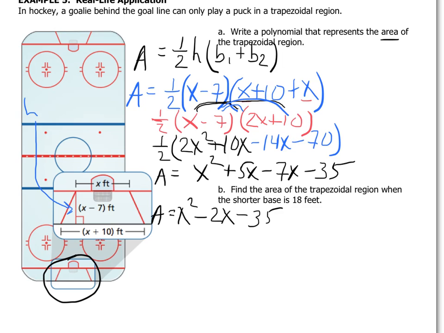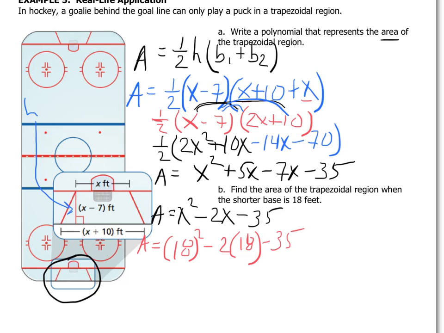So now part B basically says find the area with this formula, without having to go all the way back to the original formula, when the shorter base is 18 feet. Well, the shorter base is actually x. So we already know the x value is 18. So what I'm going to basically do is say, well, x is 18. So I can plug in the 18, and then we can try to solve from there.